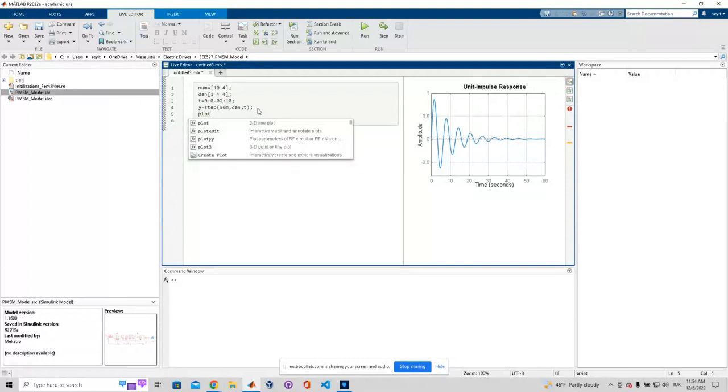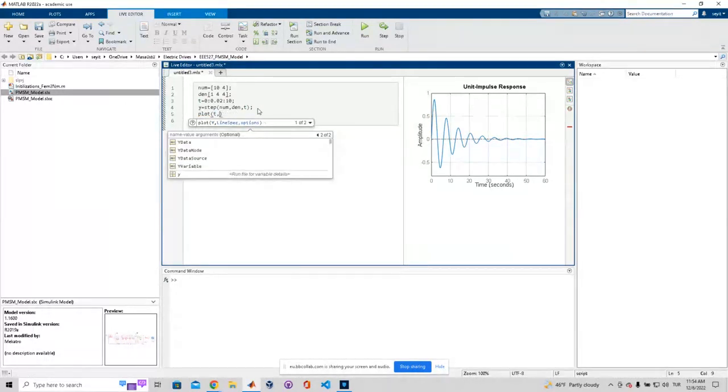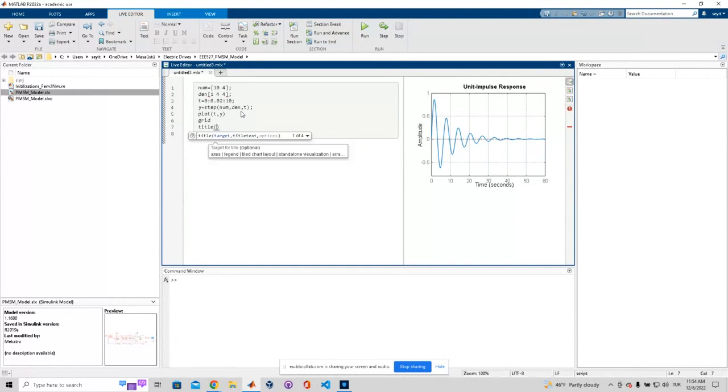So let's plot it. You need to write your time domain and your function. You add grid, and then you write your title and labels for the graph. This one will be unit step response again.